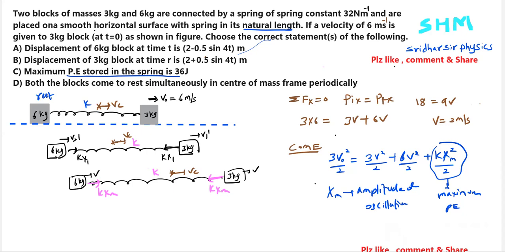So we got the amplitude. What is the amplitude? Amplitude will be equal to the maximum elongation or compression of the spring.